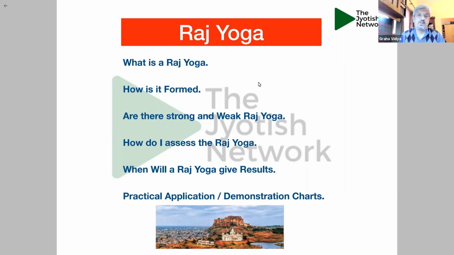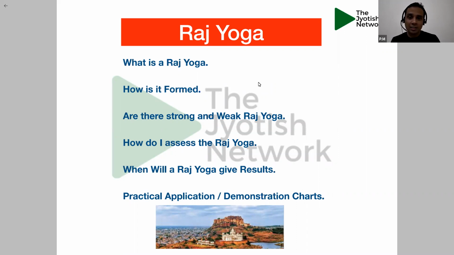True. Pulak, any thoughts on that? The only thing is, in addition to seeing these combinations of Raj Yoga, I think it becomes really important to qualify the strength or the quality of the Raj Yogas, because I'm sure there are a lot of videos out there on YouTube, as well as you would have heard many astrologers saying, this combination leads to Raj Yoga, and so you'll get success.